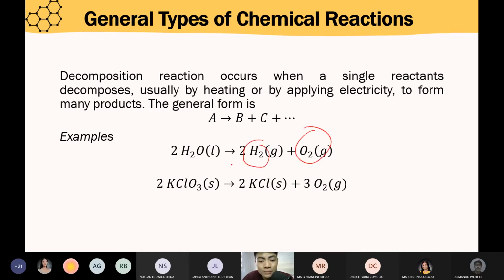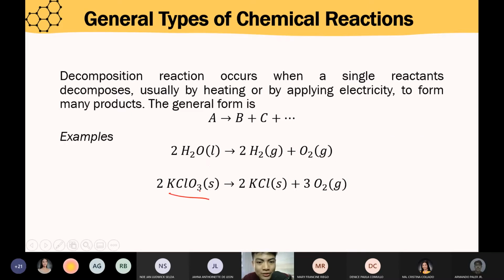Because what happens when you apply electricity to your water is that it decomposes into hydrogen gas and oxygen gas. So yun. We will discover more of this type of electrochemical reaction sa analytical chemistry. I hope students ko pa rin kayo nun. So analytical chem yan.